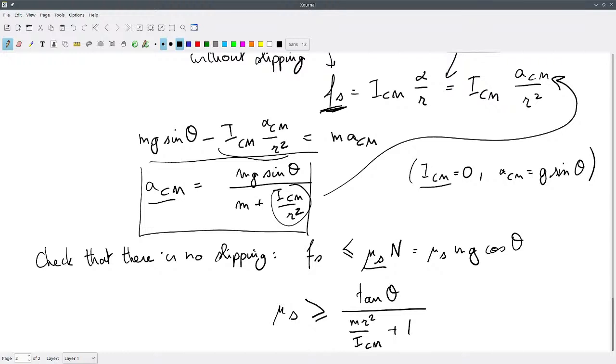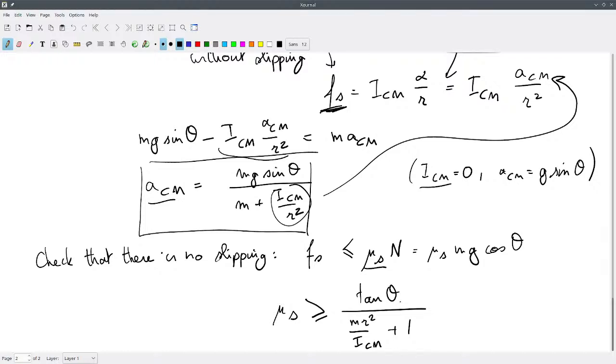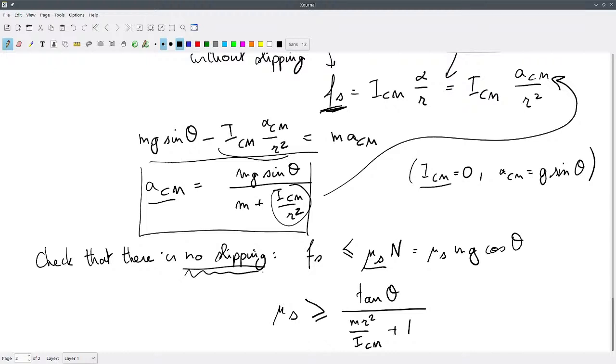So there's going to be a minimum coefficient of friction that has to be provided before we will indeed be able to be in the no slipping case, and indeed the static force of friction can prevent the slipping from happening. So that's what I wanted to do for today, and we'll continue with that in the next lecture on Friday, when we actually will allow some slipping.